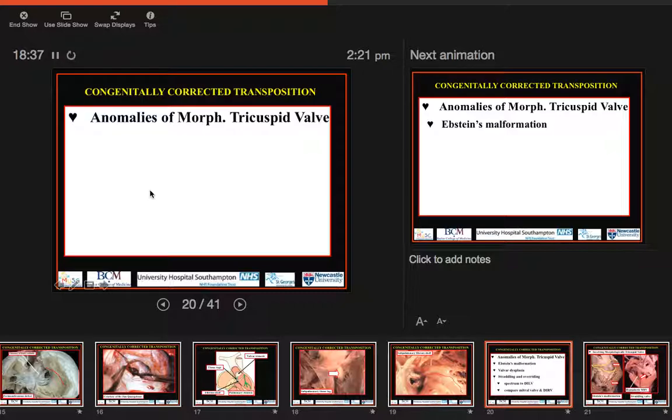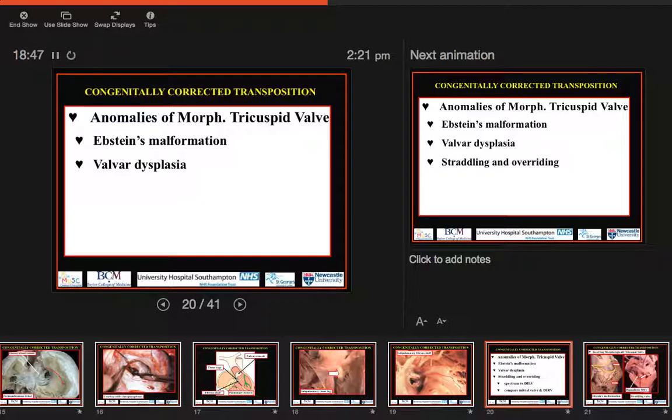Now, in the morning session, we discussed in detail Ebstein's malformation, and we can have an Ebsteinoid malformation in congenitally corrected transposition. We can also have valvar dysplasia, and, of note, straddling and overriding. We discussed that yesterday. Why don't we deal with straddling valves as a separate entity now?